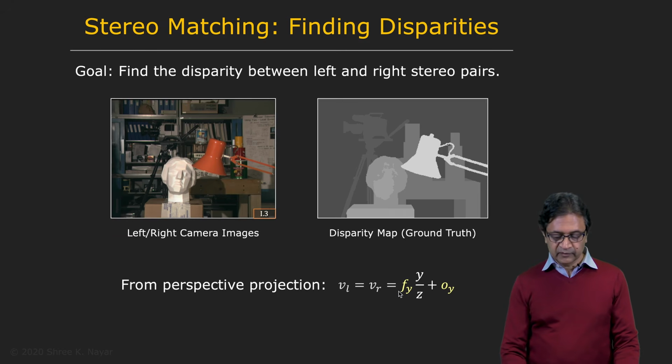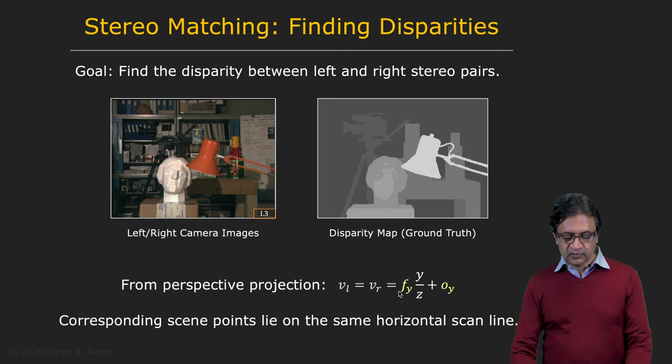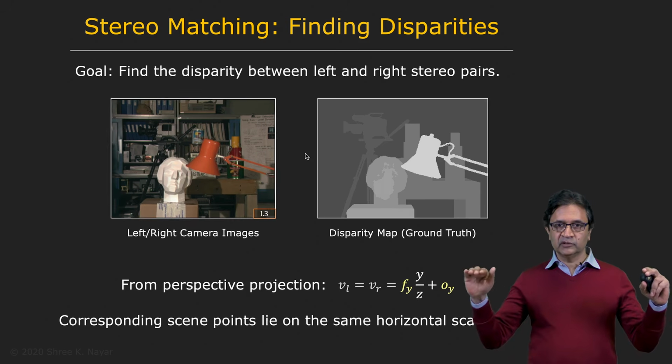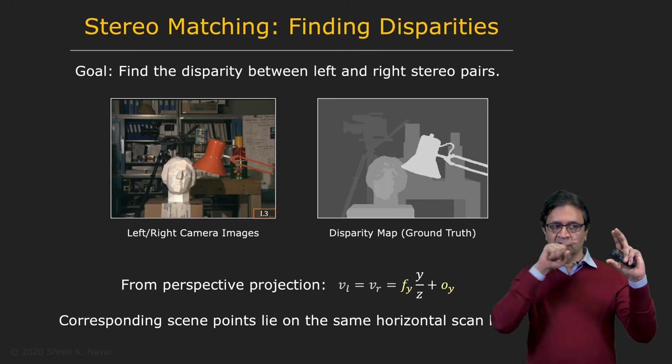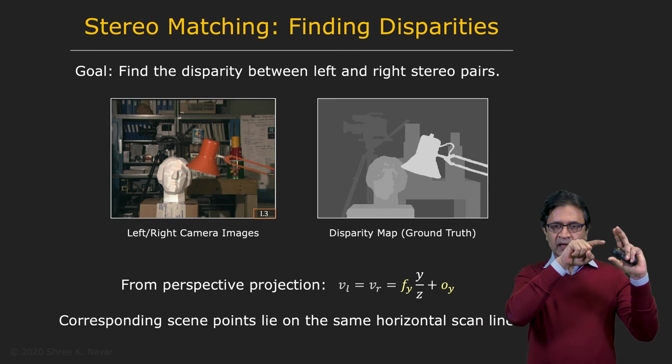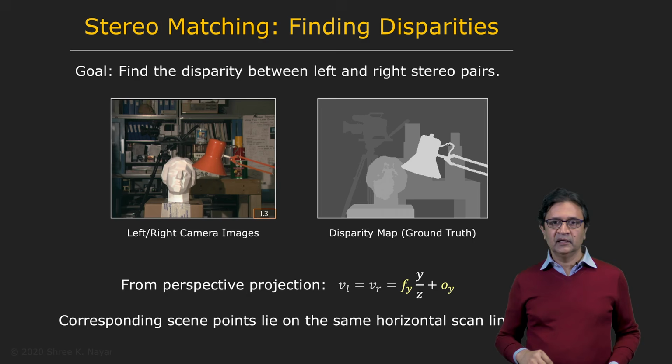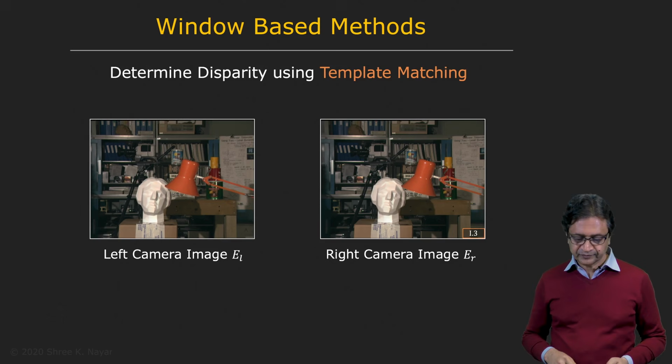And so they're equal. That means that corresponding points must lie on the same horizontal line in both the images. So you take image 1 and image 2. If you pick a point here, its corresponding point must lie on the same horizontal line in the other image.